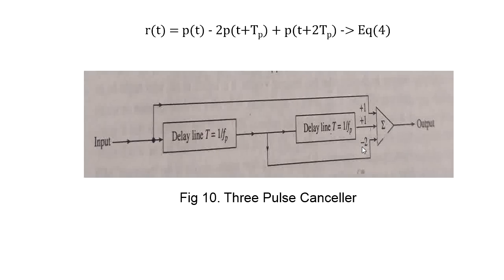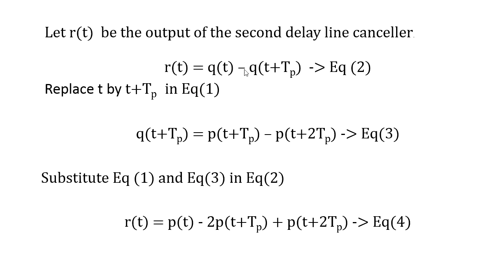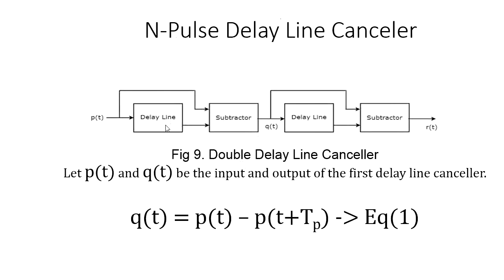We call this a 3 pulse canceller, and also we can represent the same equation for the double delay line canceller by modifying this. By modifying this we can write the above block diagram. This we call a double delay line canceller.